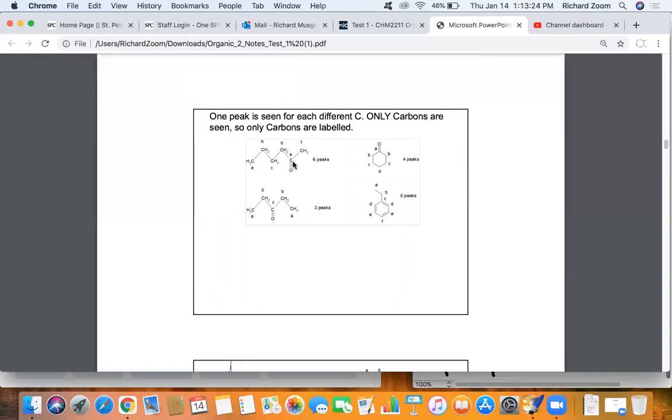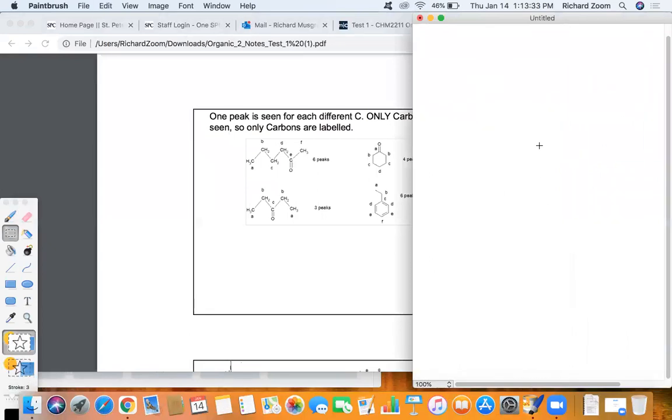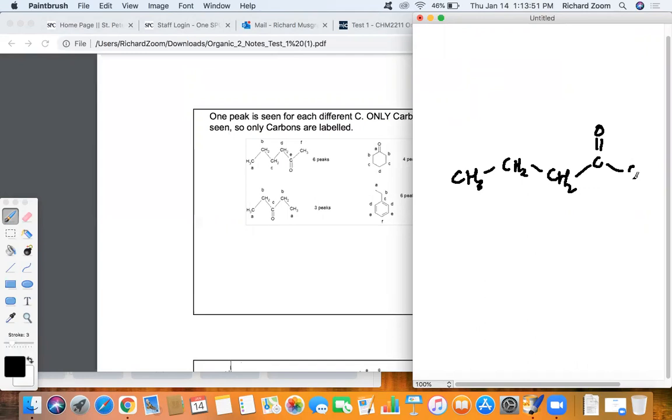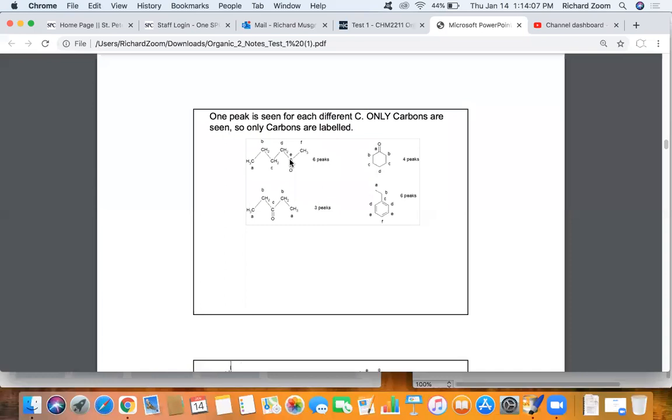In the previous example with the proton NMR, all I had labeled was A, B, C, and D. I never labeled this, and that was because we were only labeling hydrogens. Now we're labeling carbons.